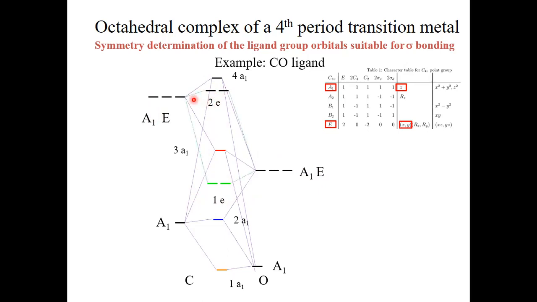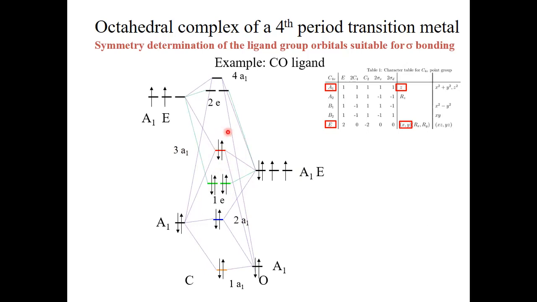So last but not least, you would fill in the electrons. Well, you would have 4 electrons here on the carbon side, and you would have 6 electrons here on the oxygen side. That gives overall 10. And that would fill this 1A1, this 2A1, these 1E orbitals, and last but not least, this 3A1 orbital.